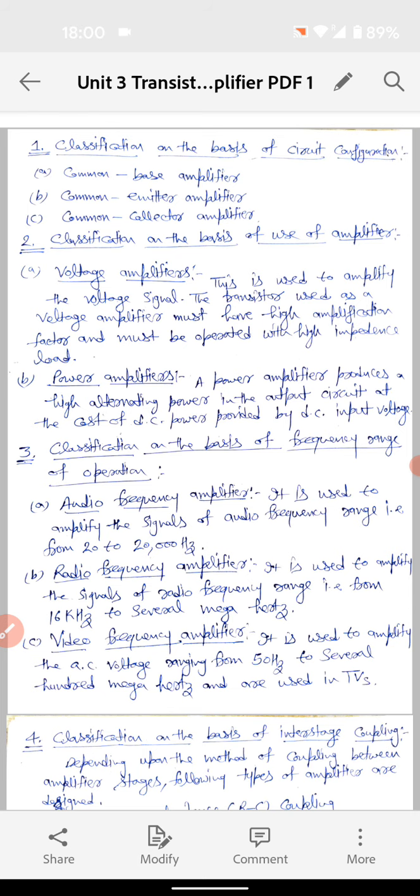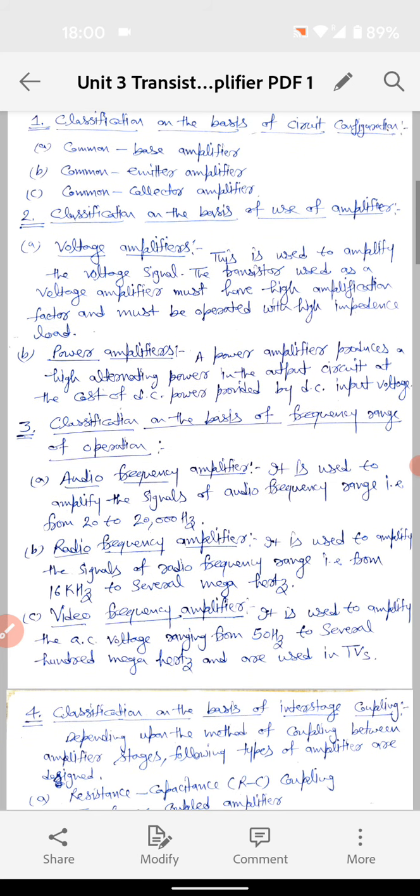Then another category of classification is based on the use of the amplifier, meaning the actual application of the amplifier. The first category is voltage amplifier. As its name suggests, this is used to amplify the voltage signal. The transistor used as a voltage amplifier must have high amplification factor and must be operated with a high impedance load. Because if the load is a high impedance load, the output resistance of that circuit will be high.